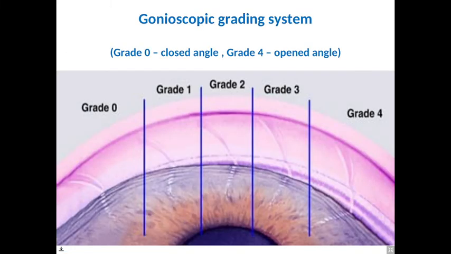In the gonioscopic grading system, when the angle of the anterior chamber is closed, and grade 4 is open angle of the anterior chamber. And here we see all structures of the angle. Here we see only the cornea and the root of iris.